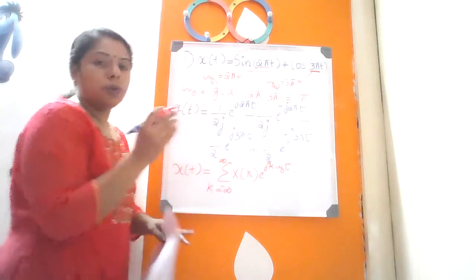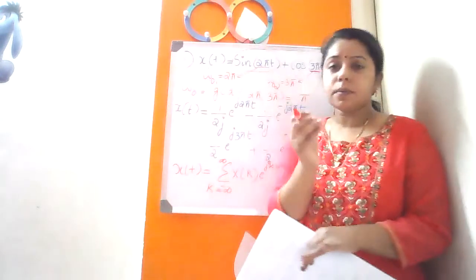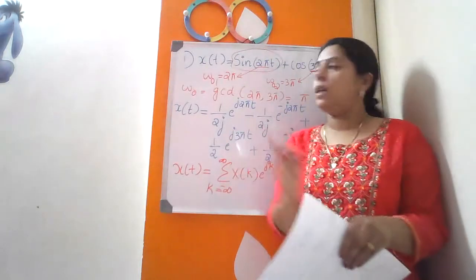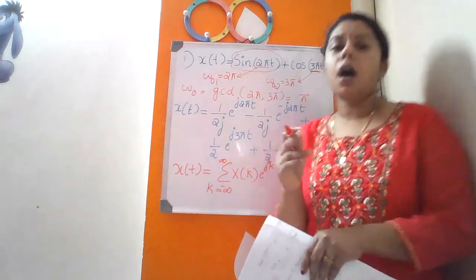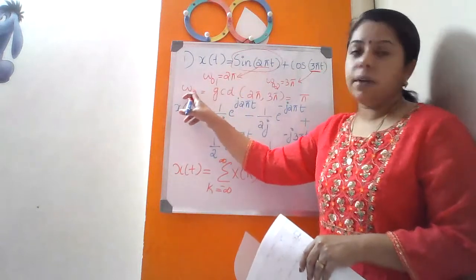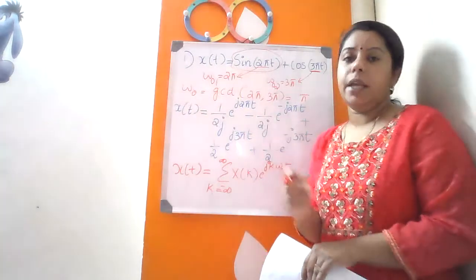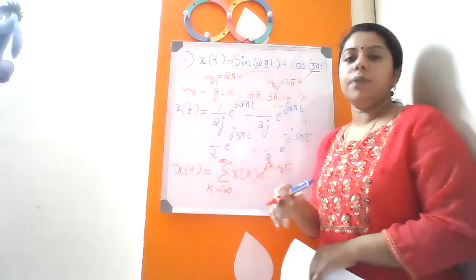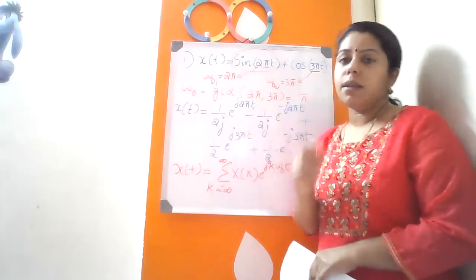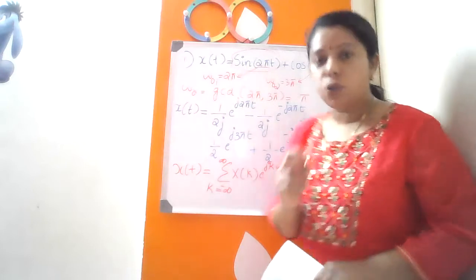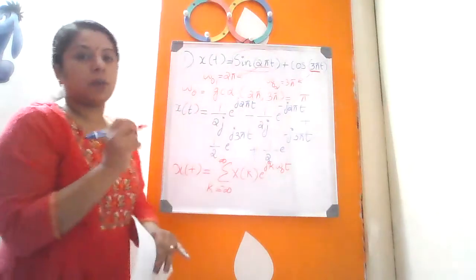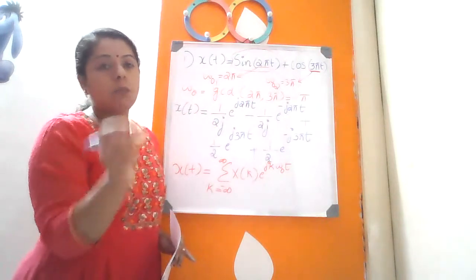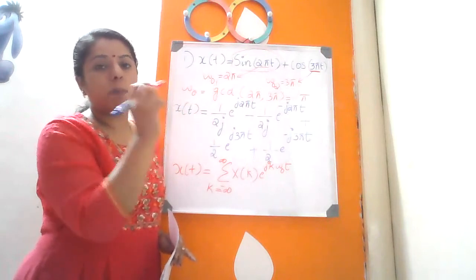Now, how do we find the angular frequency of the total signal, that is the summation of both these signals? You can write it as the GCD of the first signal angular frequency and the second signal angular frequency. The first signal angular frequency we got as 2 pi, and the second signal angular frequency we got as 3 pi. So what is the common divisible term for 2 pi and 3 pi?